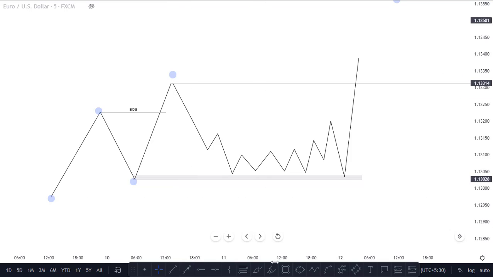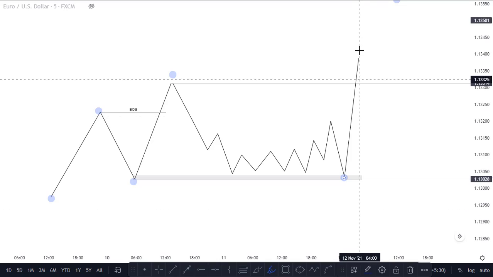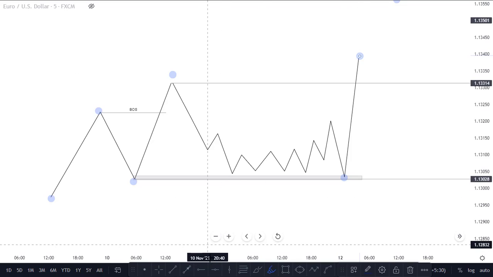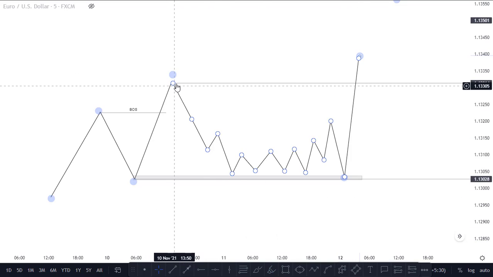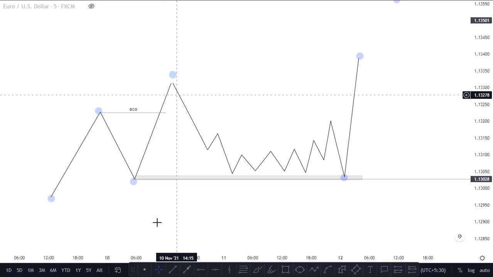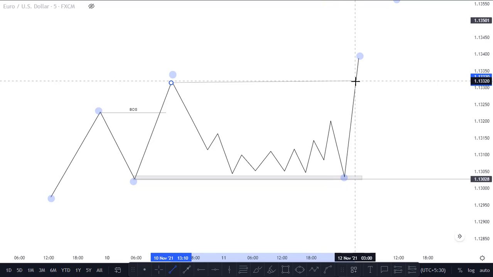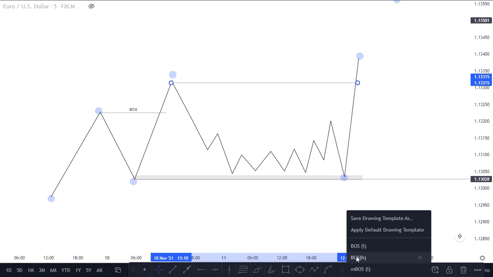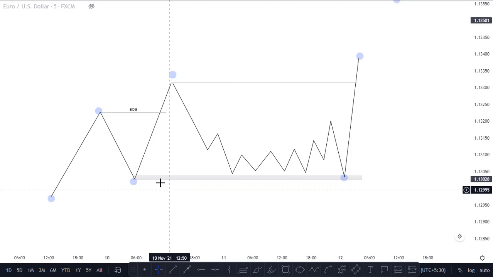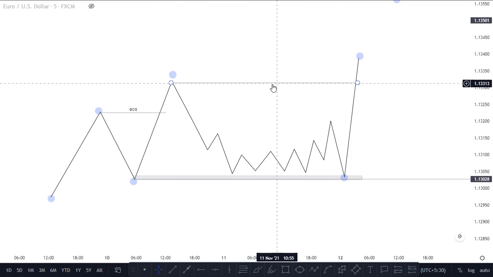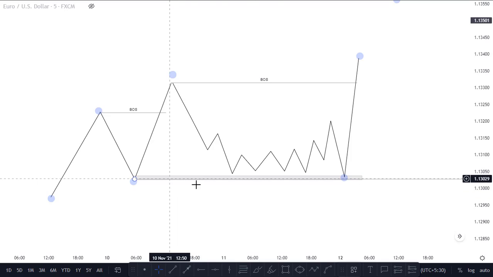So we will say we have got higher high, higher low, higher high, and then above here we have got a break of structure. We call this level a new break of structure.